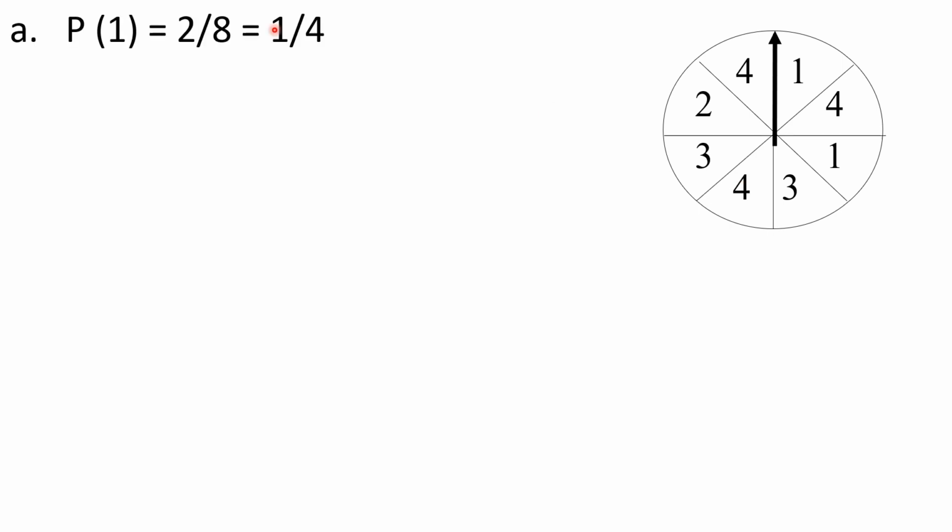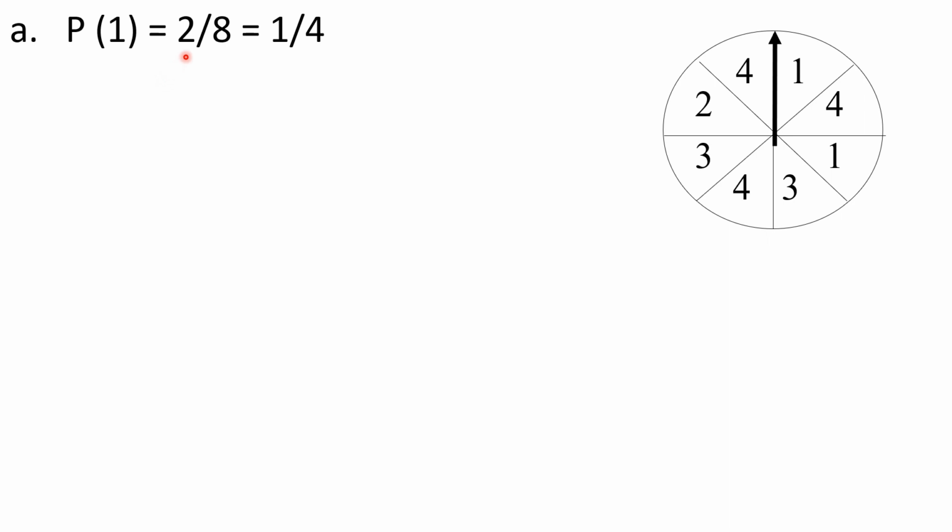So let us begin with p of 1. This means the probability that the arrow will stop at 1. There are 8 sections in total, and there are 2 sections which are numbered 1. Therefore, there are 2 possibilities that the arrow will stop at 1, 2 over the total number of sections, which is 8.